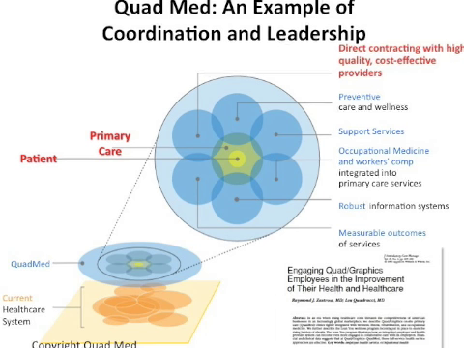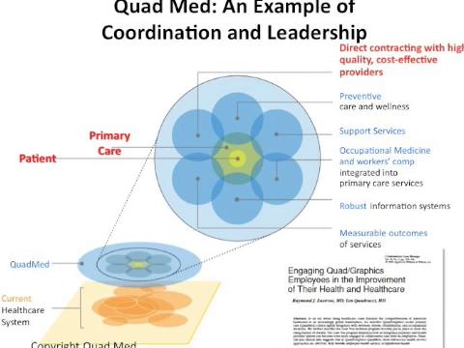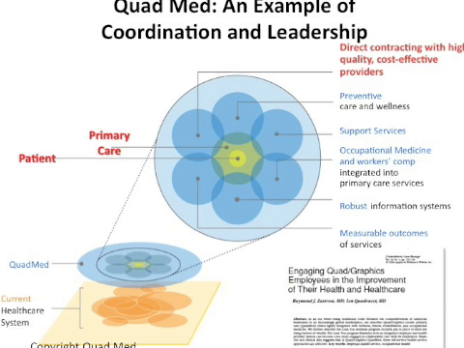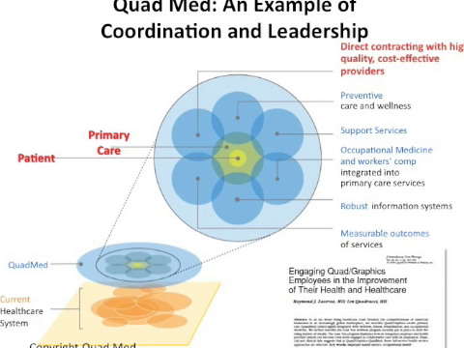As shown here in the red, the patient and the primary care provider have a close relationship, with direct contracting with high-quality, cost-effective specialists when needed. And that's been the key for QuadMed reducing costs 20% relative to other organizations of similar size.